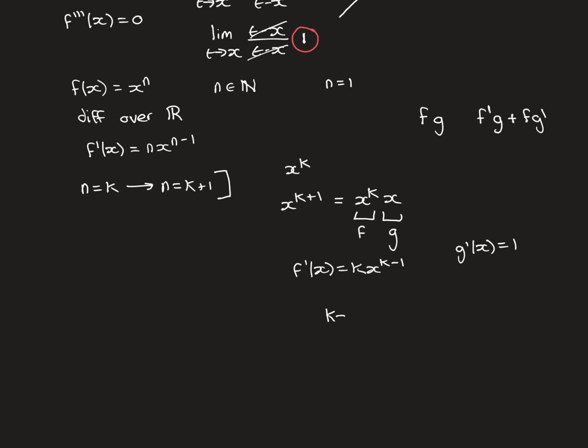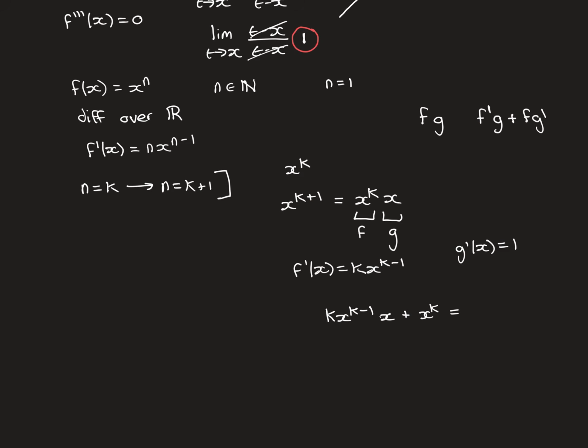So plugging that in, we've got kx to the k minus 1 is f prime at x, times g, which is just equal to x, plus f at x, which is x to the power of k, times g prime, which is 1.